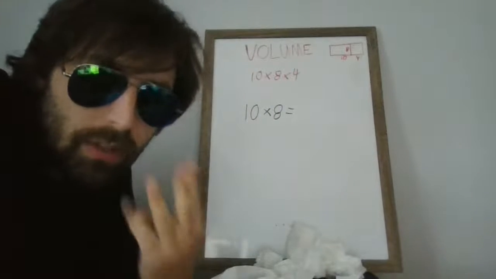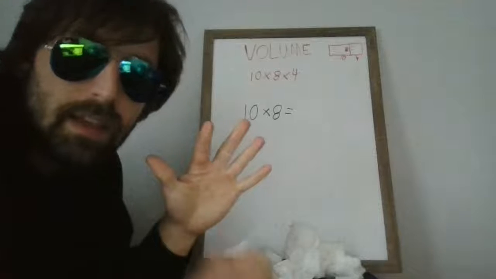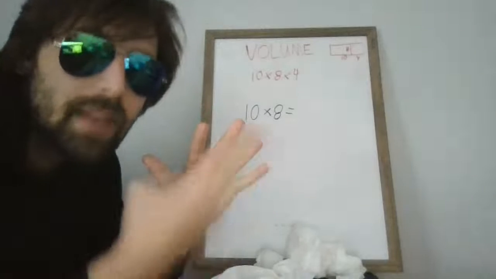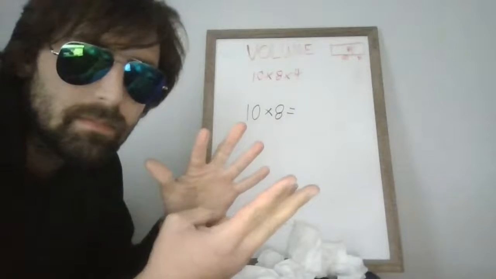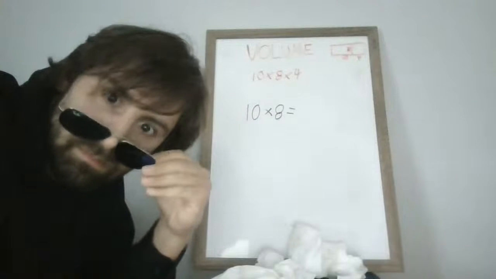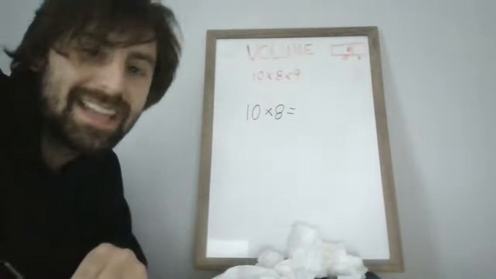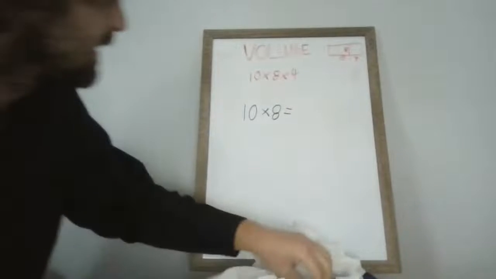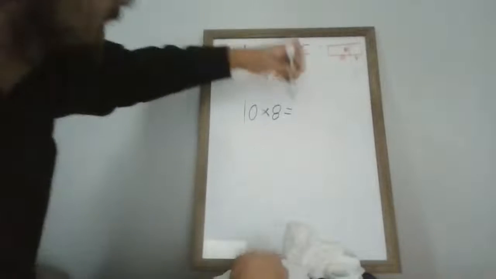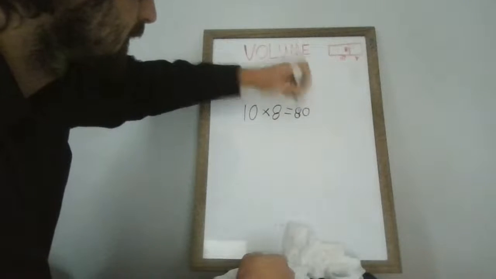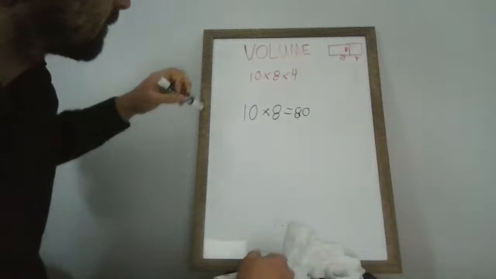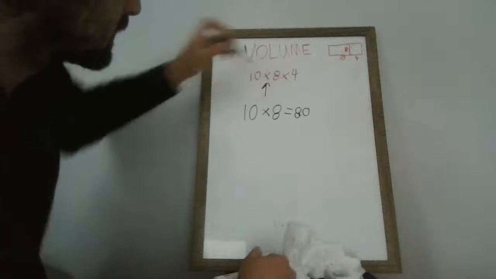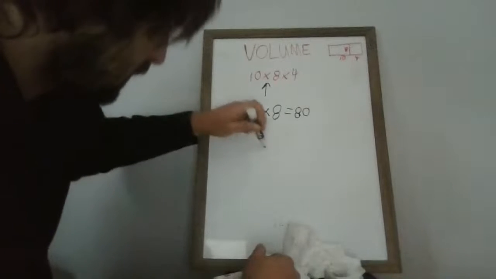10, 20, 30, 40, 50, 60, 70, 80. The answer is 80. 10 times 8 equals 80. So the 80 is going to replace the 10 times 8 over here.